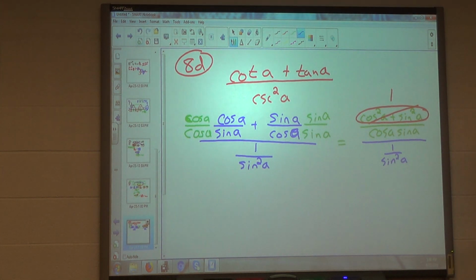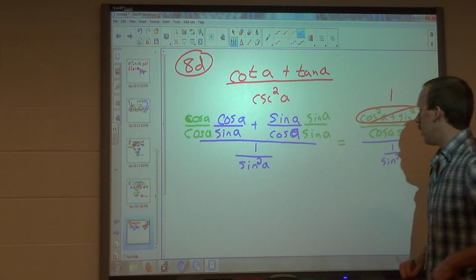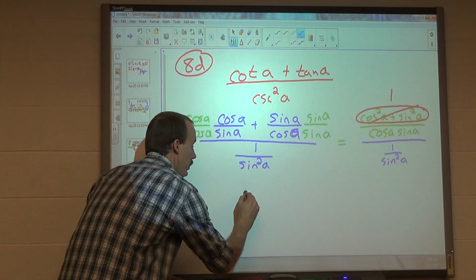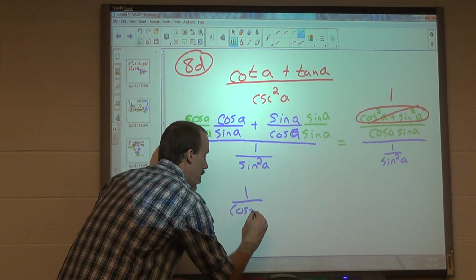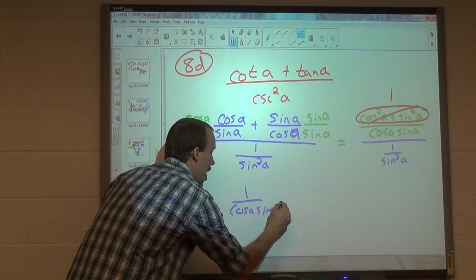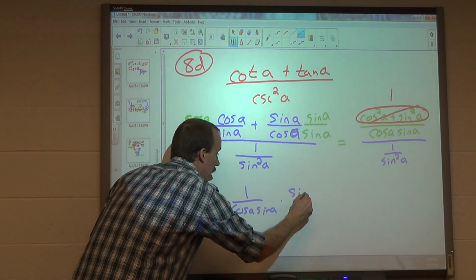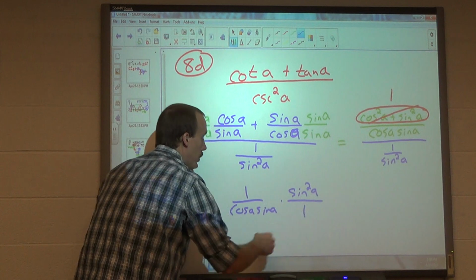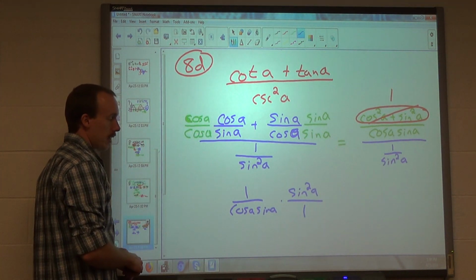Okay, and what's my rule now if I have a fraction divided by a fraction? Flip it, you multiply by the reciprocal, right? I'll just write it out so it's a little neater. So right now I have 1 over cosine A sine A times the reciprocal, which would be sine squared A over 1. Can anything cross cancel right now?